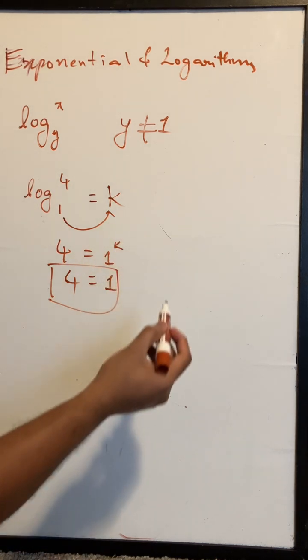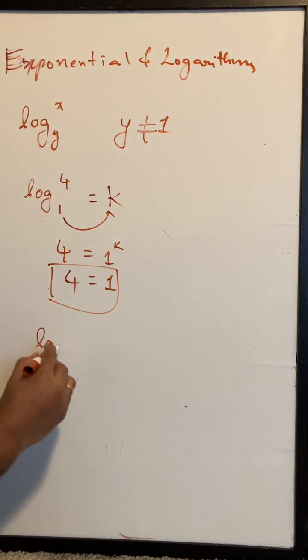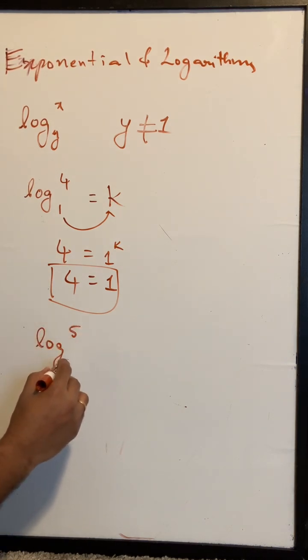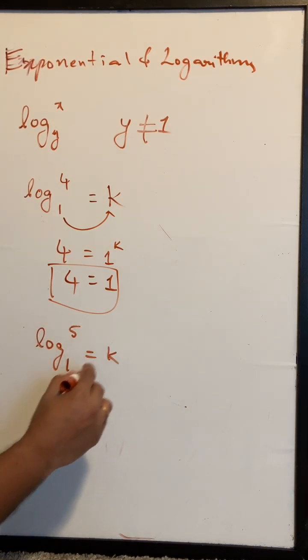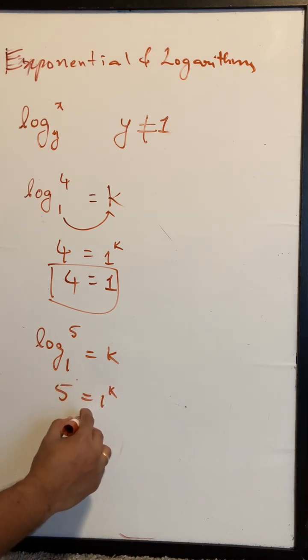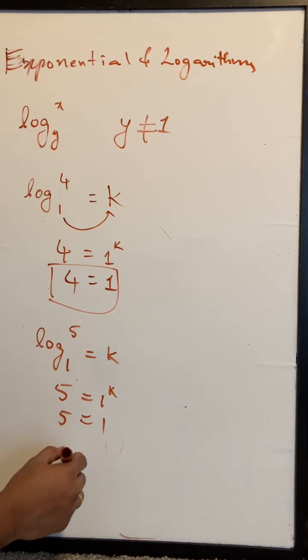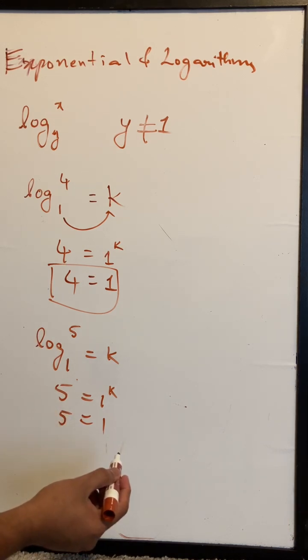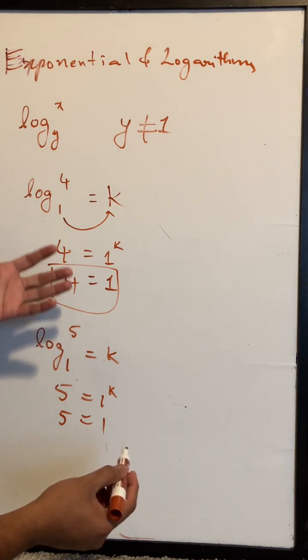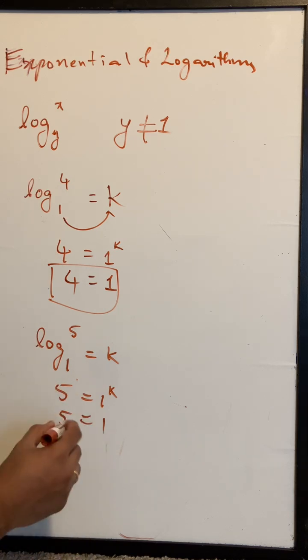Similarly, take log 5 base 1 equal to k, then 5 equal to 1 to the power of k, which is equal to 1, but here it is 5. So this is not correct, this is wrong.